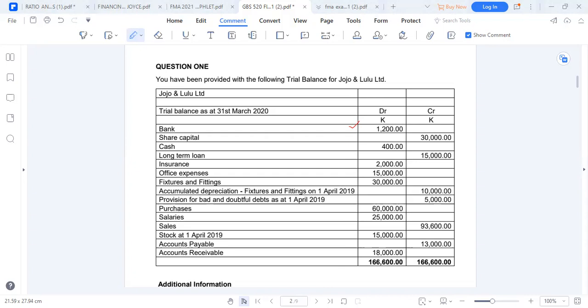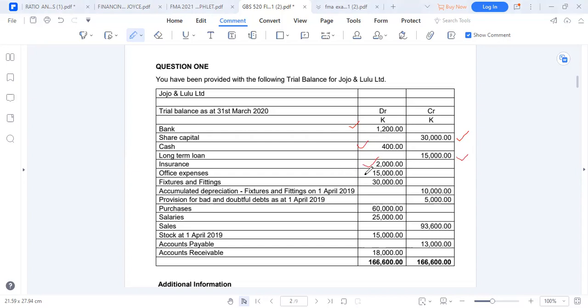So it is an asset. Then we go to another one. Given share capital, it is credited. Why? Because it's a revenue. Cash is debited because it is what? An asset. Long-term loan is a liability.